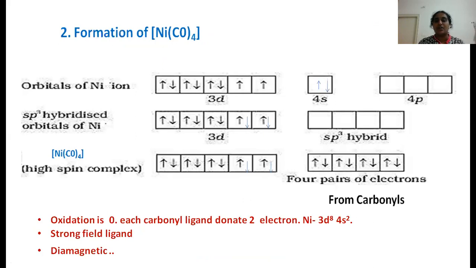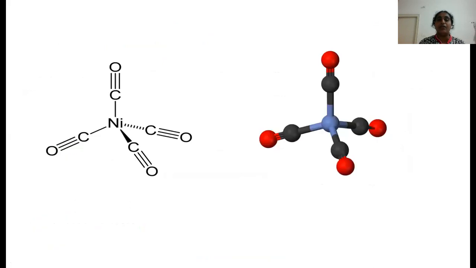These two are examples of tetrahedral geometry with coordination number 4. This is nickel tetracarbonyl. Here, each of the 4 COs donates one lone pair of electrons to the metal and forms the bond between the ligand and metal.